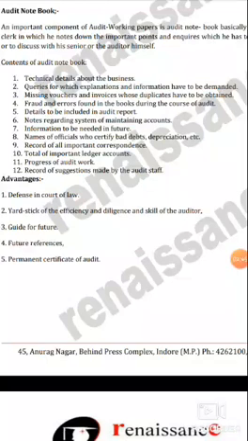And a permanent certificate of audit: the audit notebook will show the ability of an auditor. So this will certify the audit.